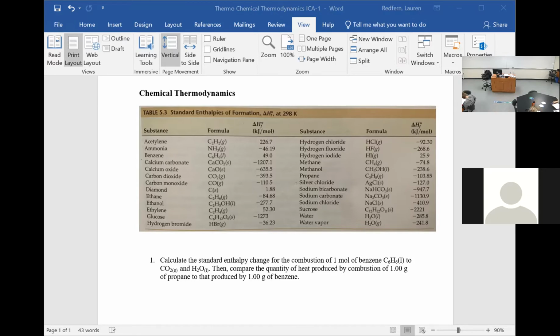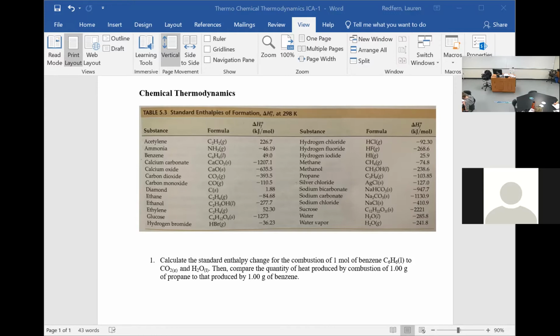Any questions? No, you're combusting benzene to carbon dioxide and water. So it should be benzene plus oxygen goes to carbon dioxide and water. Yeah.